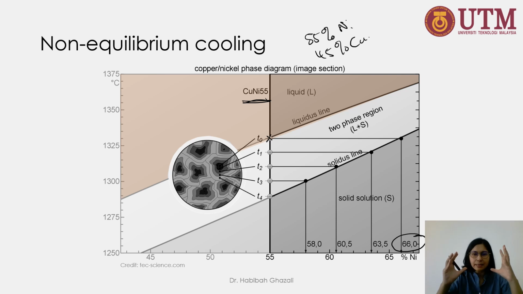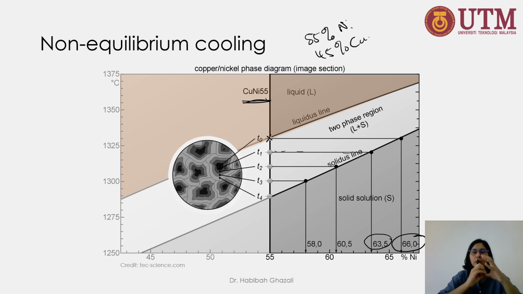Remember, we have two elements, and these two elements will start to form a crystal structure around the nucleus. The next layer, the dark gray one, has a composition of 63.5%. So they are solid now: 63.5 outside and 66 inside, the nucleus.